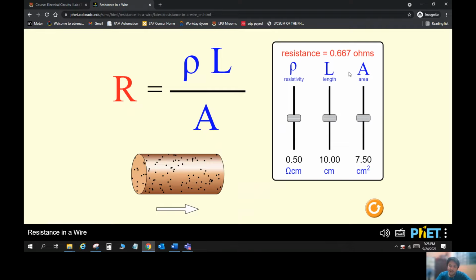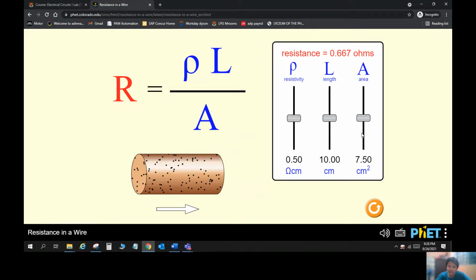Since we are focusing on the area, we will not change the resistivity and length, only the area.